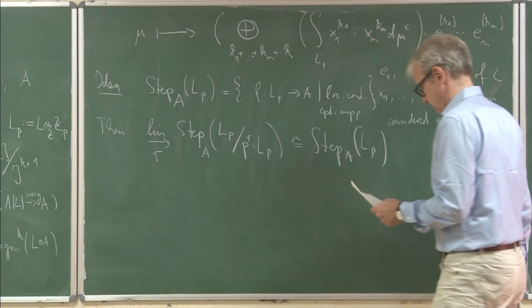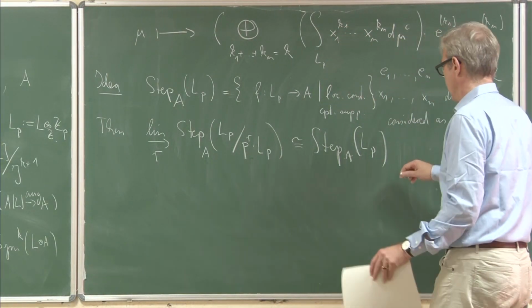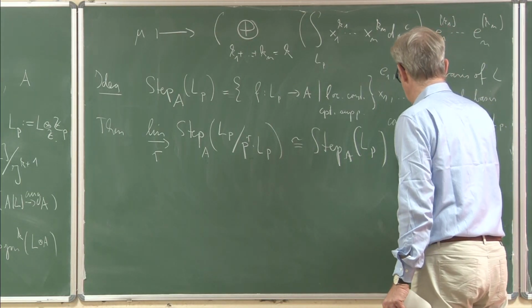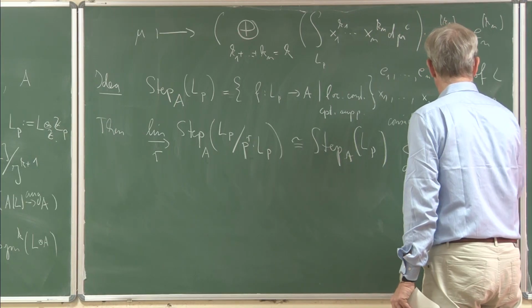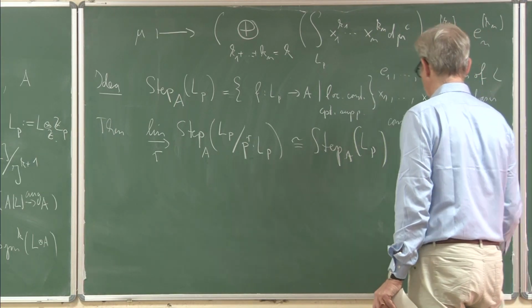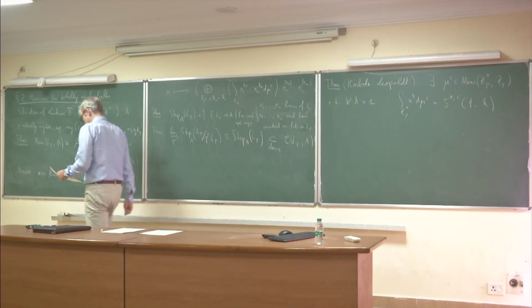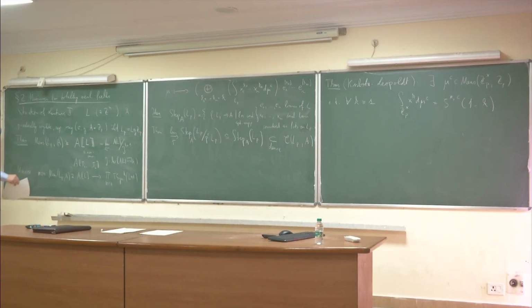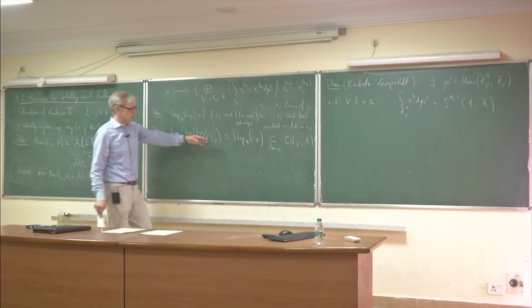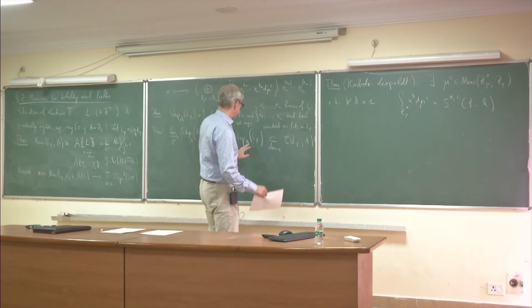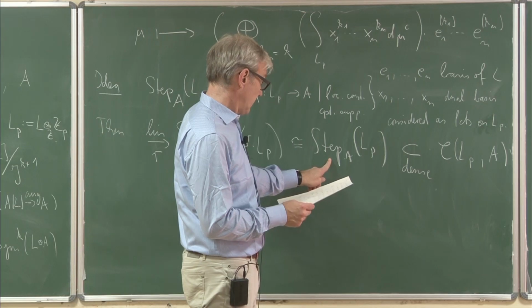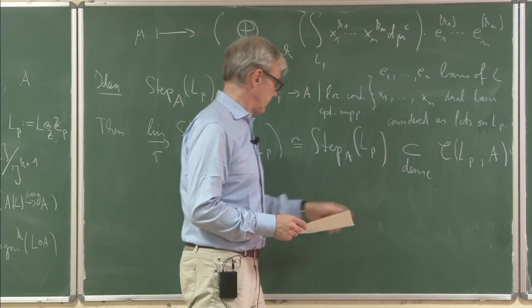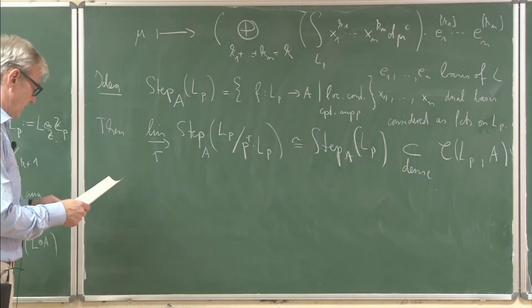So you can write them in a certain sense as a union. And that here is dense in the continuous functions on L_p with values in A. Yeah. So this means, as I said, the measures are automatically continuous functions here, and then they are uniquely determined on this dense subspace.